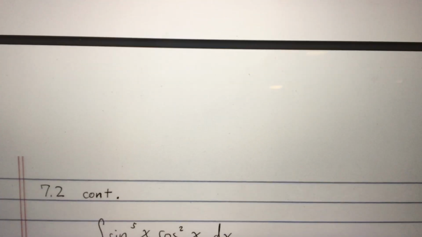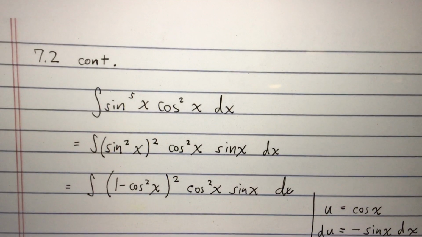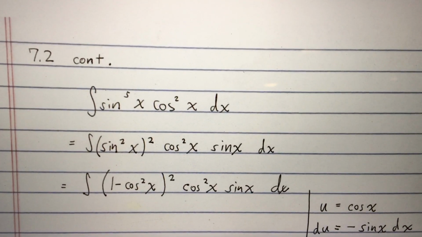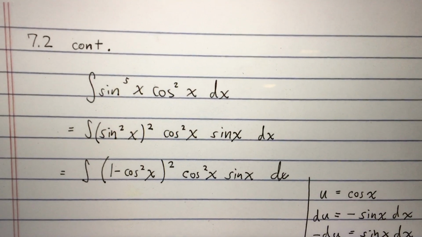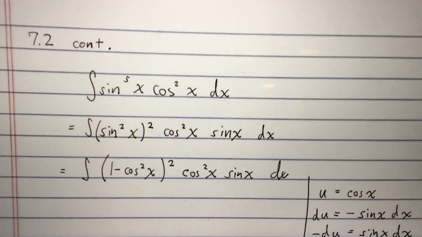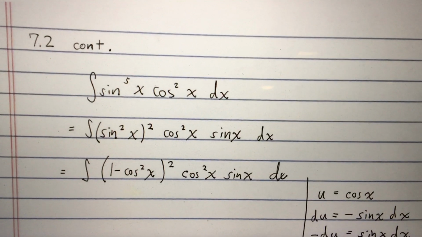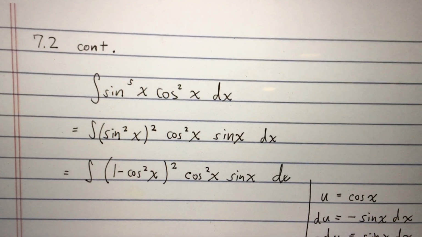Okay, so 7.2 continued, and this is the first thing. We're going to start with an example. 7.2 is about integrating, finding the antiderivative for some trig functions that have sine and cosine to powers.